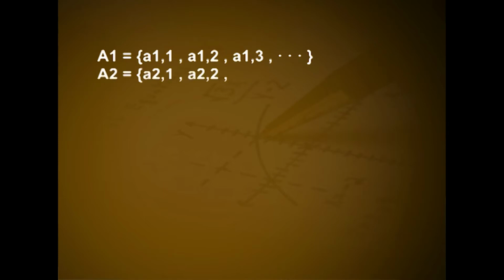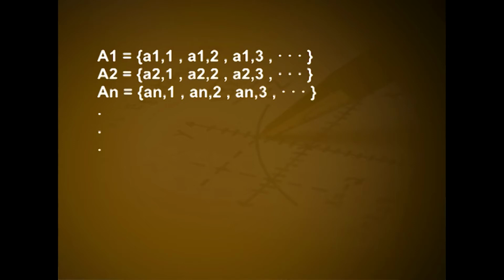A countable union of countable sets is a countable set. Now, let A1, A2, A3, etc. be countably many countable sets. Then, their union will be a countable set. These sets can be assumed respectively as A1 equals set A11, A12, A13, etc., A2 equals set A21, A22, A23, etc., An equals set An1, An2, An3, etc., and so on.